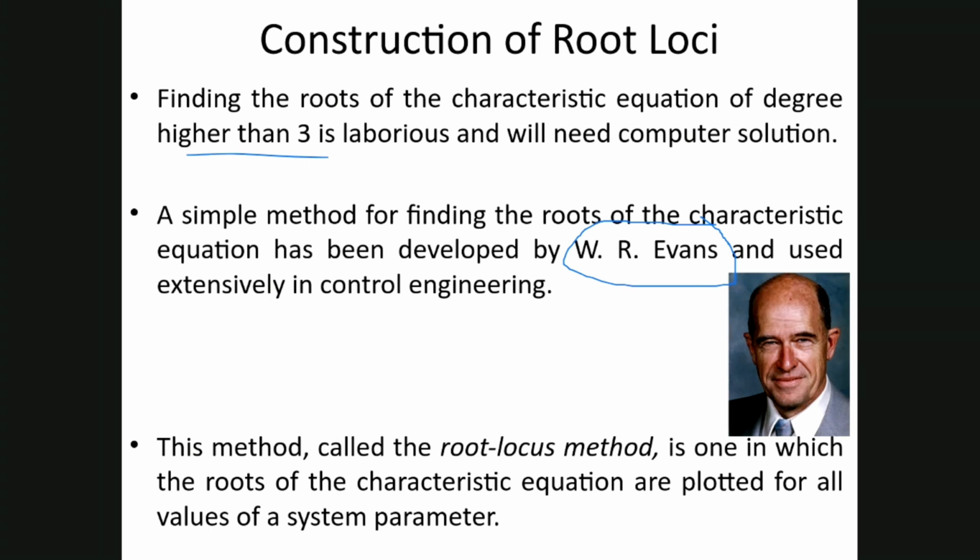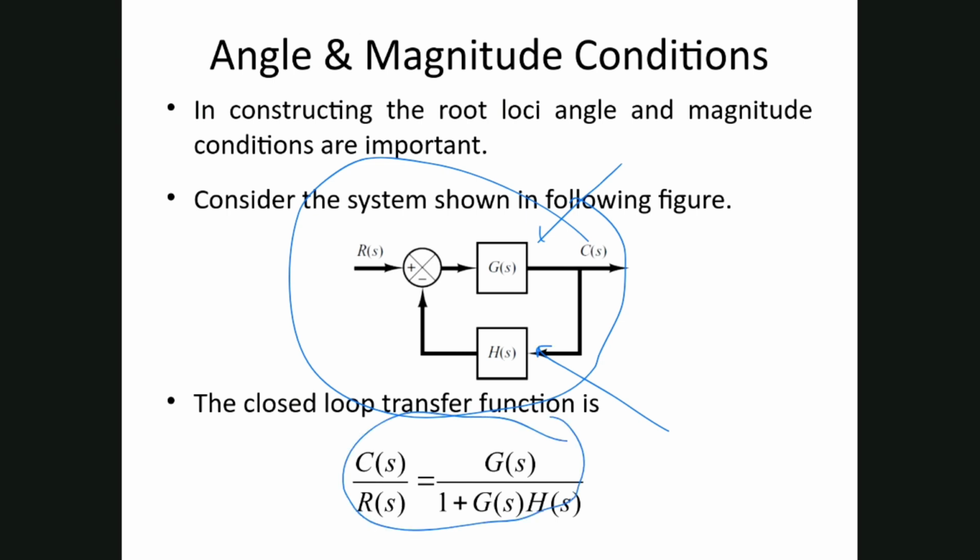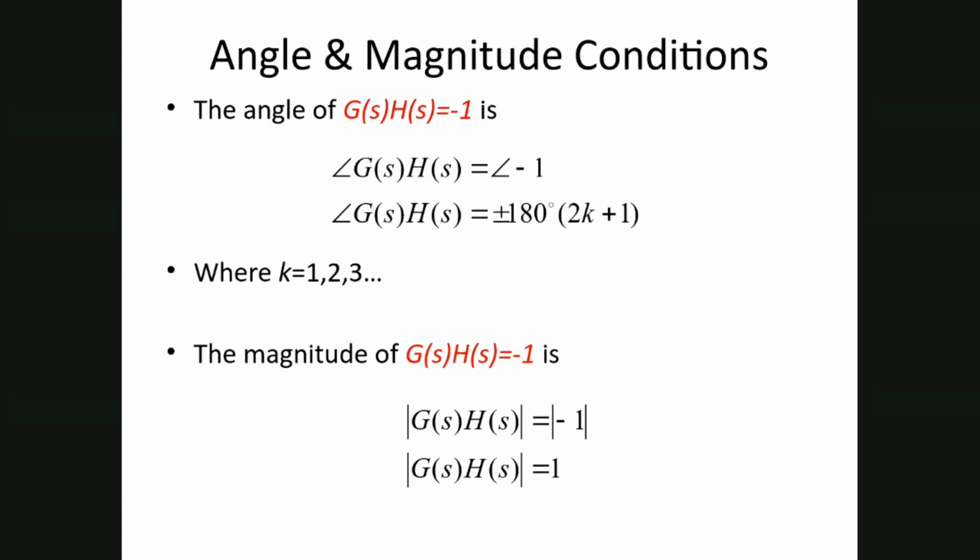Now I'm going to start with the root locus method. There are 2 main conditions, the angle and magnitude criteria, related to the root locus. Let's assume this is your system, where you have the open loop transfer function G(s) with feedback transfer function H(s), and your closed loop transfer function will be G(s) over 1 plus G(s)H(s).